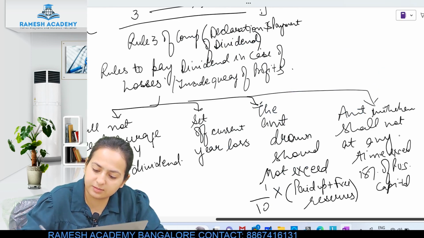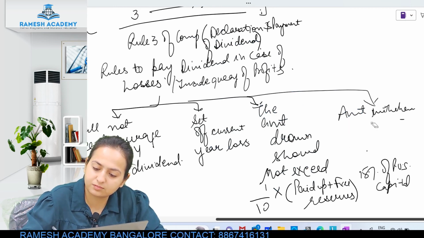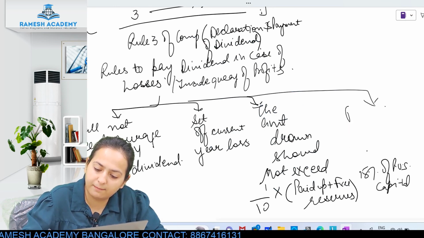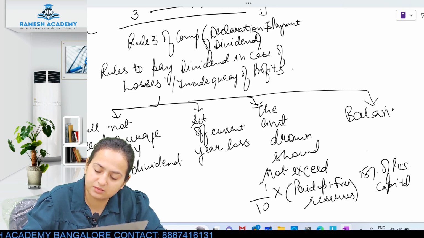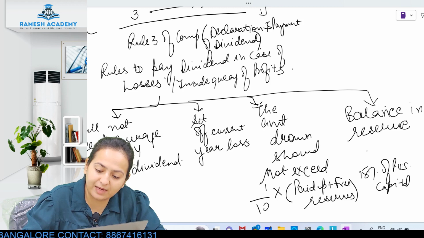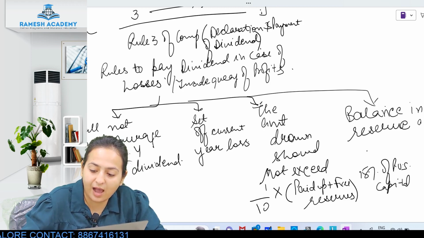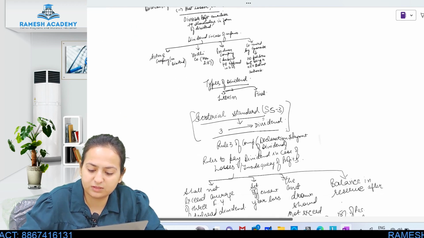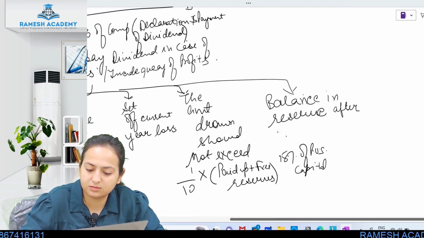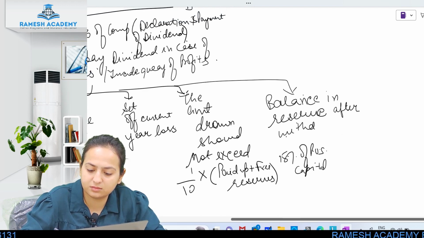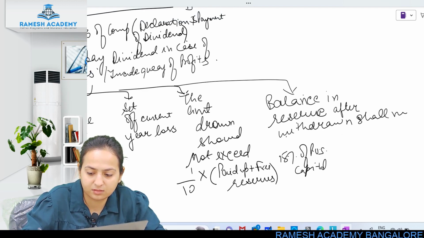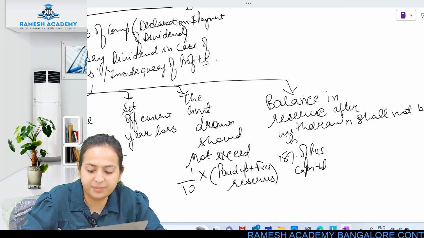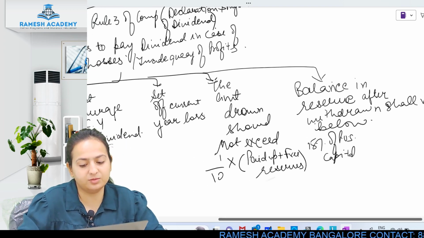This interpretation is the balance in reserve. Now whatever balance will be left in reserve after your withdrawal of the amount shall not be below 15% of paid up share capital.